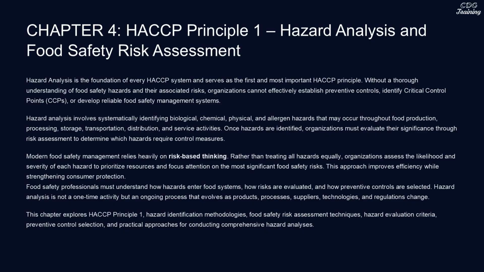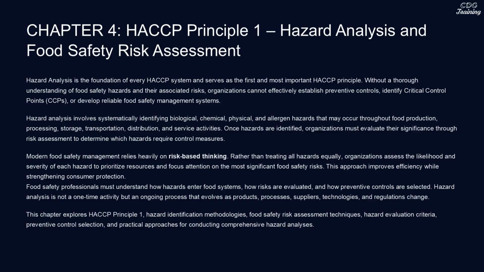Without a thorough understanding of food safety hazards and their associated risks, organizations cannot effectively establish preventive controls, identify critical control points, CCPs, or develop reliable food safety management systems.